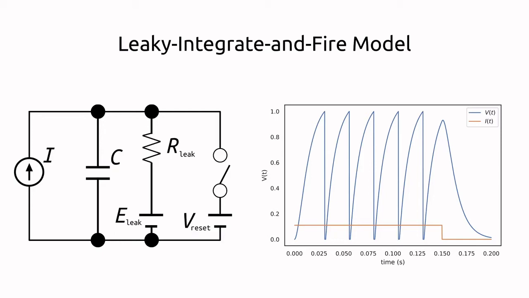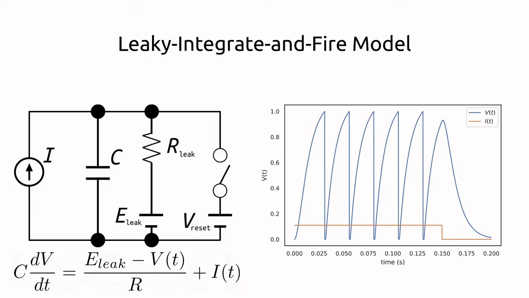We can express this as the equation shown here: the product of the capacitance and the rate of change of the voltage of that capacitor is equal to the current that goes through the leak branch plus the current coming in from the input.